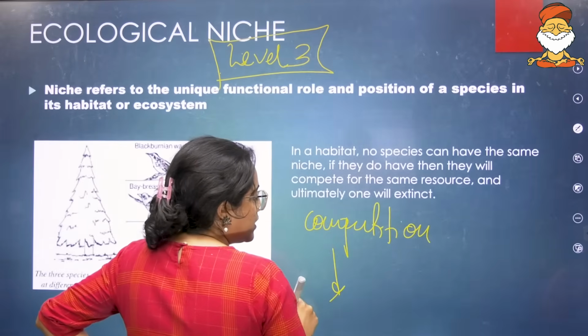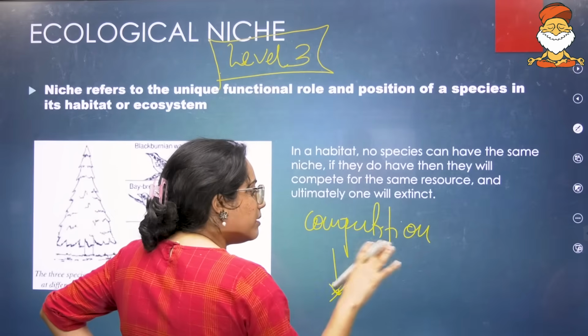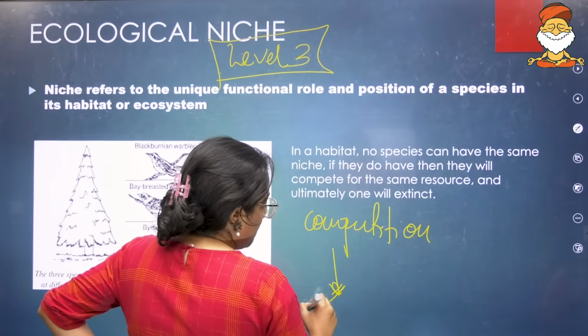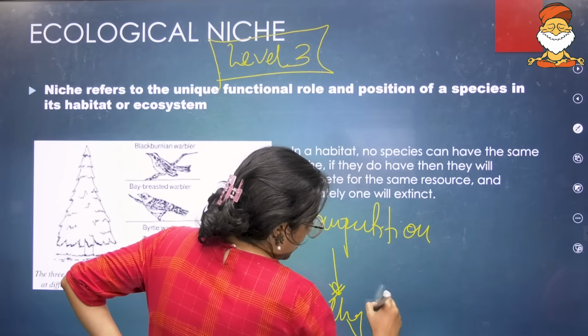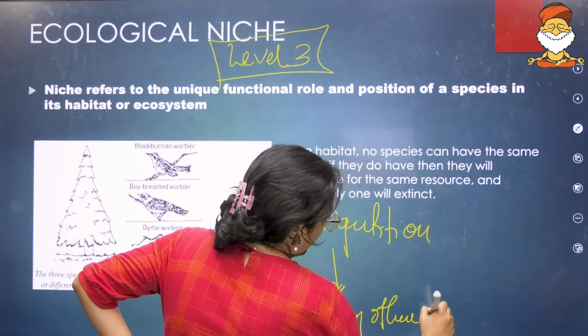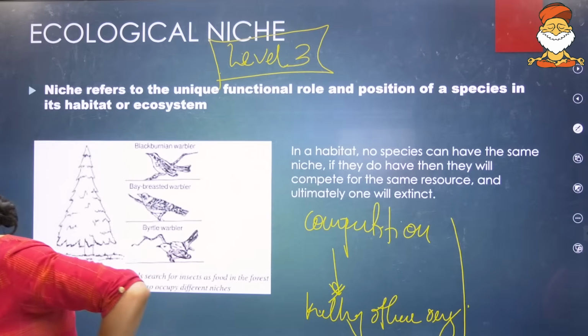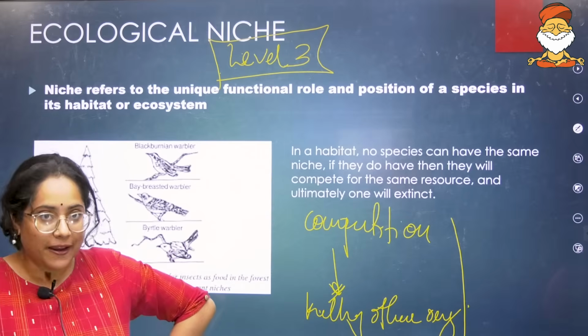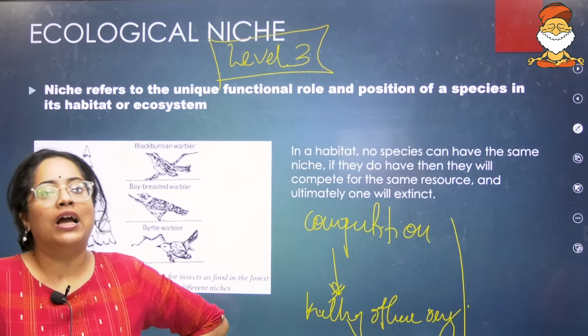And this competition in turn will lead to similarly placed creatures killing other organisms. And this will put at threat a lot of creatures. So this is the reason why your work is not shared when it comes to your ecosystem.